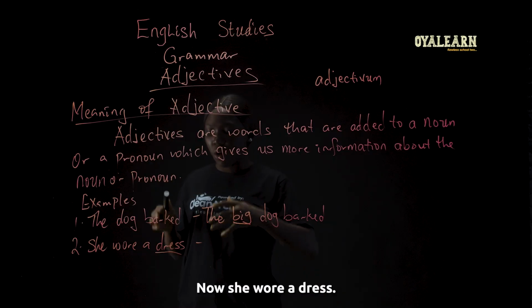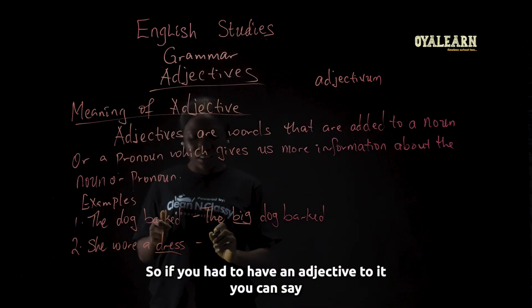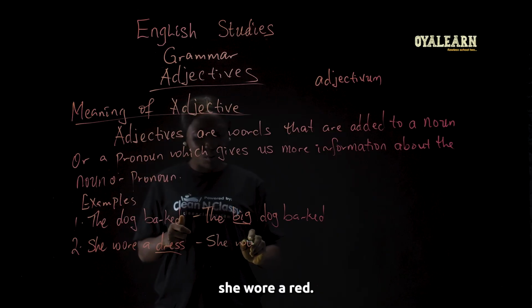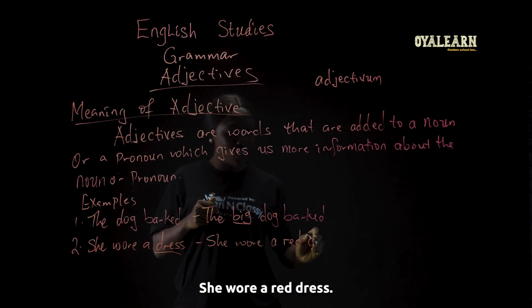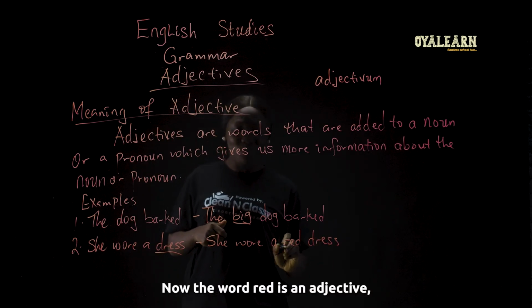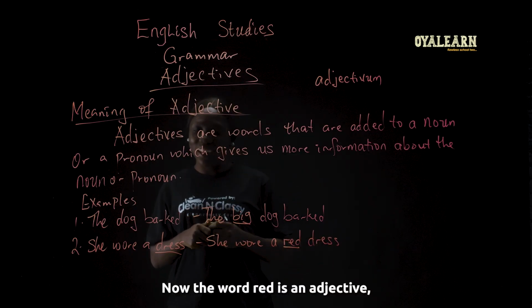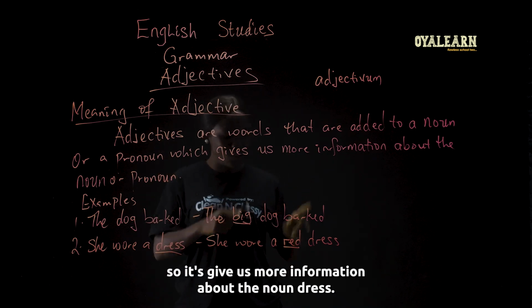So you can say she wore a red dress. The word red is an adjective. It gives us more information about the noun dress.